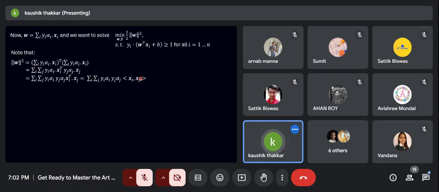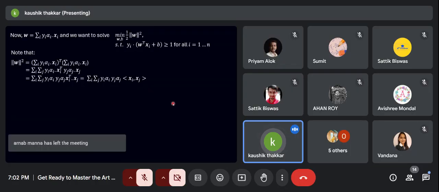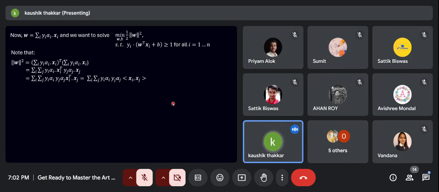So my point is that we started with a linear classifier. We wanted to classify all the points correctly. We wanted to have the decision boundary as far as possible from the closest training point. And now we have also seen that the parameter vector can be written as a linear combination of the training samples.